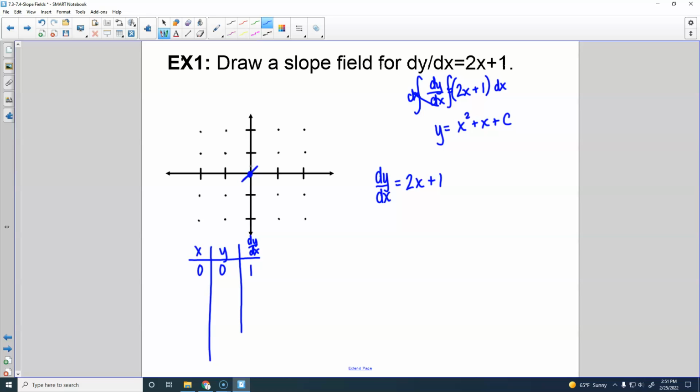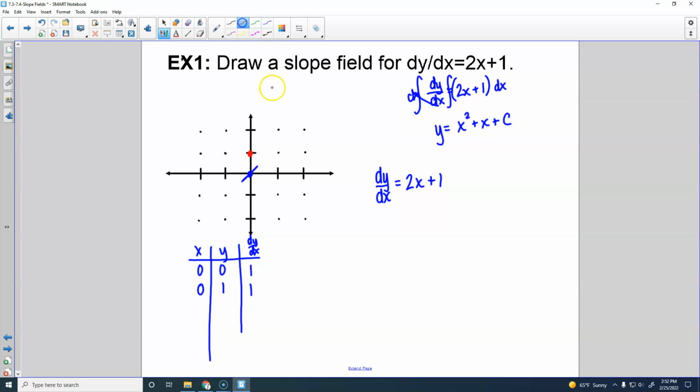All right. Then I could try the point, I'm going to use a different color so you know which one I'm talking about, 0, 1. But does this equation have a y in it at all? So I'm still going to get 1 for that one.